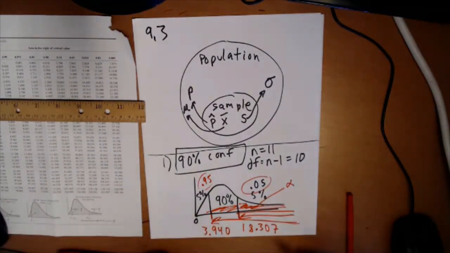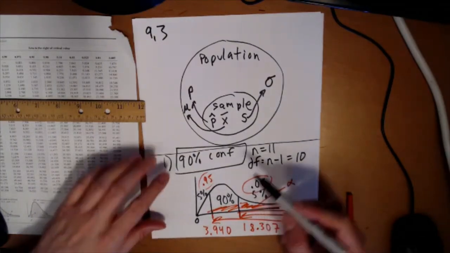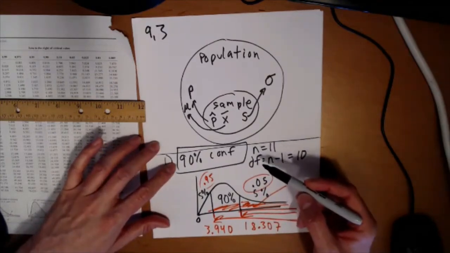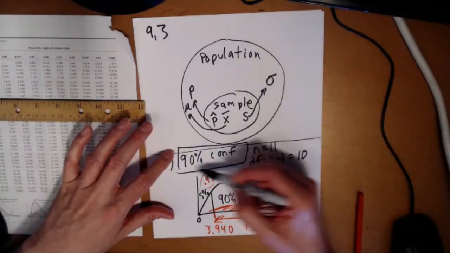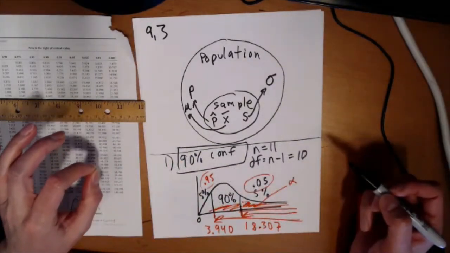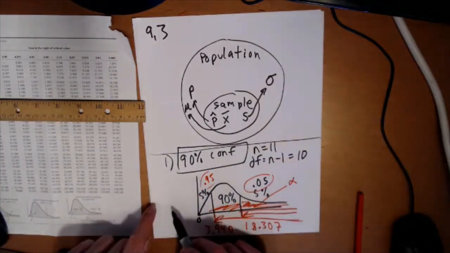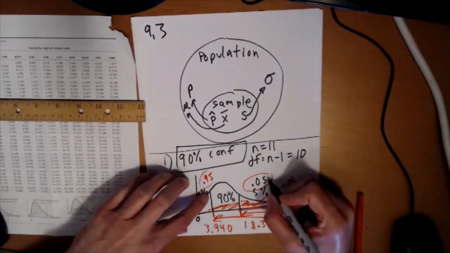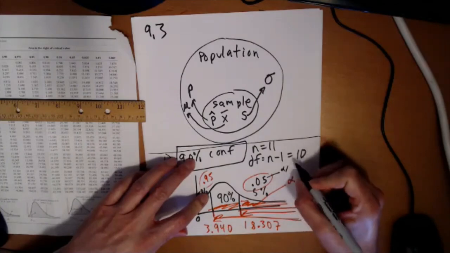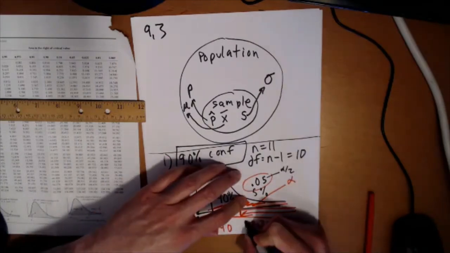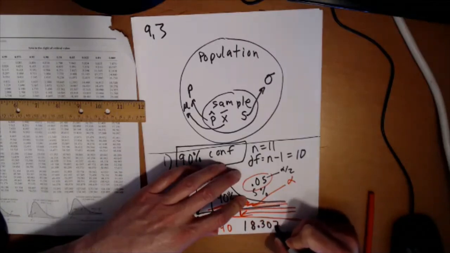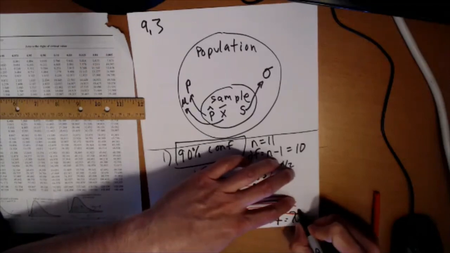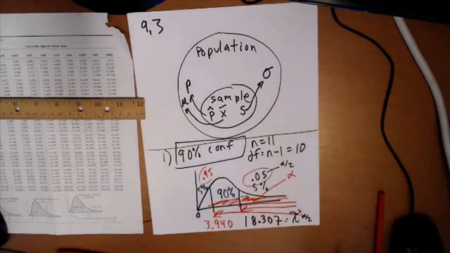They said, find the critical values: the chi-squared 1 minus alpha over 2 and the chi-squared alpha over 2. If you put 90% in the middle, that means there's 10% left over: 5% here, 5% here. The 5% on the right, this 0.05, is technically our alpha over 2. So 18.307 is technically our chi-squared alpha over 2.